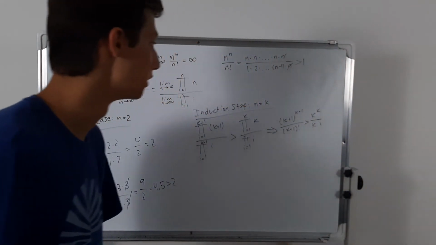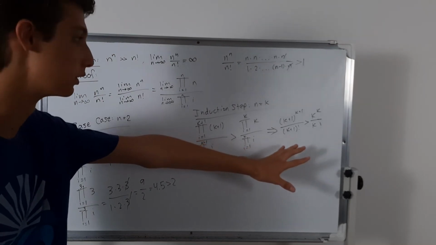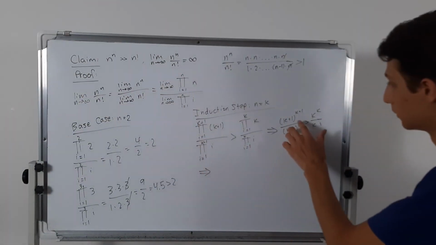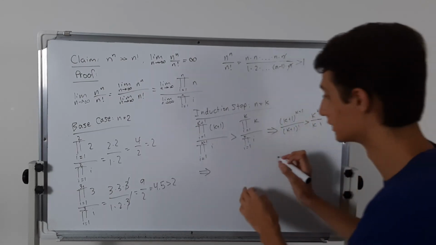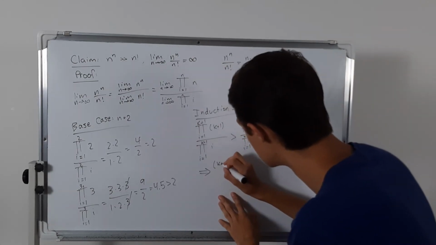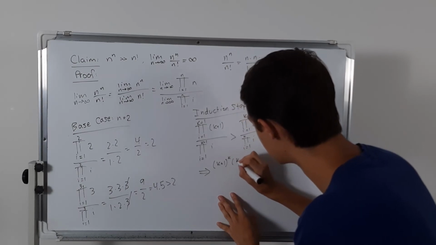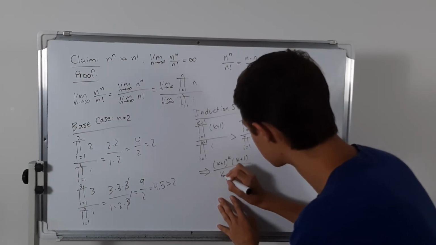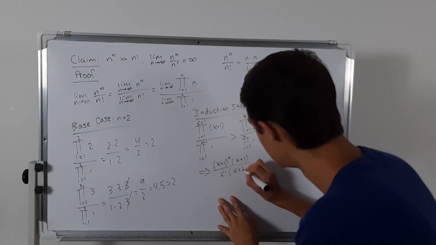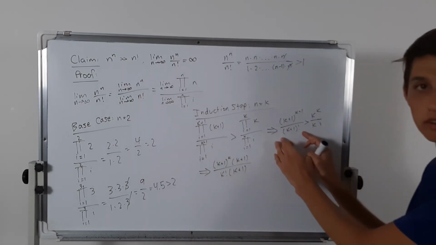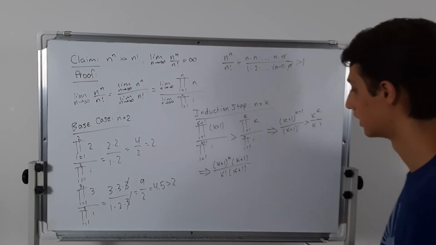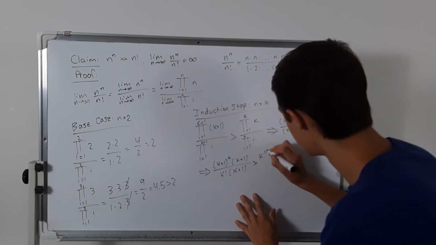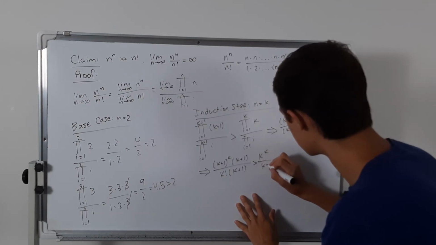We can rewrite this using exponent rules: k plus 1 to the k, multiplied by another copy of k plus 1, divided by k factorial times k plus 1. That's an important property of factorials that you should know.